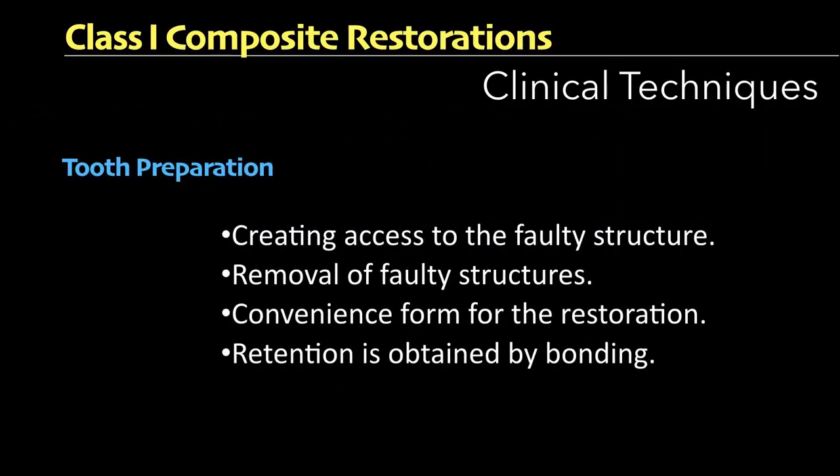The next part comes with the tooth preparation, in which we are only going to remove the faulty tooth structure, not extension for prevention as G.V. Black described. And we also create a convenience form in order to place the composite in a more recommended fashion. The retention of the composite restoration is always obtained with the help of bonding.